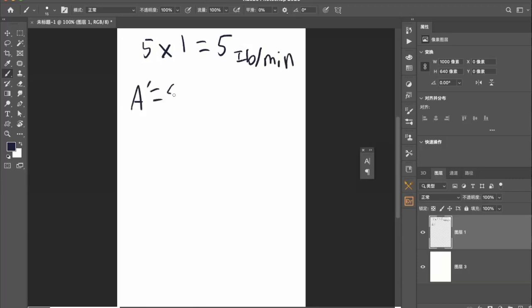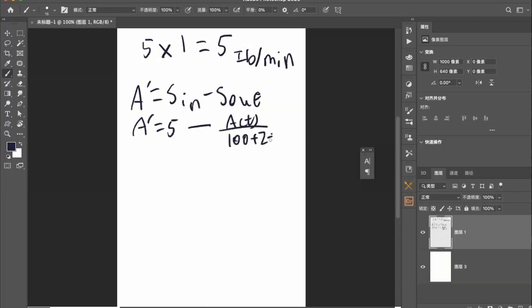So S in minus S out. The amount entering was 5, and then the amount leaving was the amount of solute in the water over the volume of the water, which is the concentration, times 3.